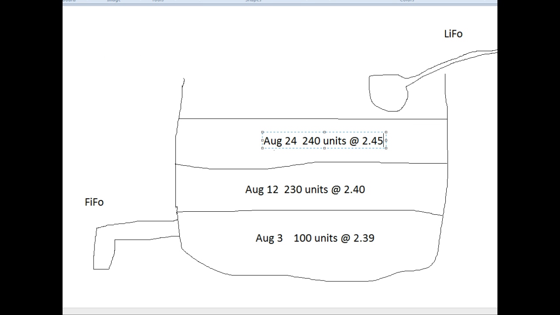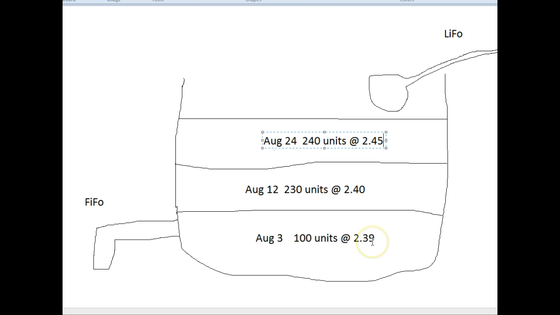Now you have your bucket being filled up by inventory, and again, depending on the method you're using, FIFO if you're pulling from the bottom, or LIFO. So if the problem is, you sold, let's say 300 units, what is the value of your ending inventory, or what is your cost of goods sold? So if it's the FIFO method, you sold the 300, all 100 units here and 200 here at this price.